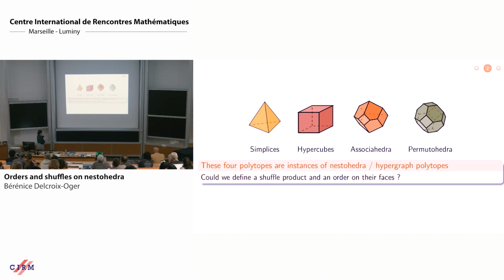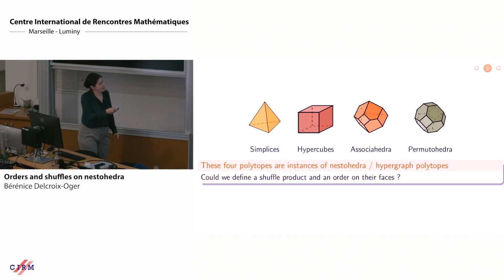Could we define a Schoeffer product and an order on their faces with one linked with the other one? For permutohedra and associahedra, it was known. For hypercubes, there were Hopf algebras, but not linked with an order on faces, and so also for simplices.